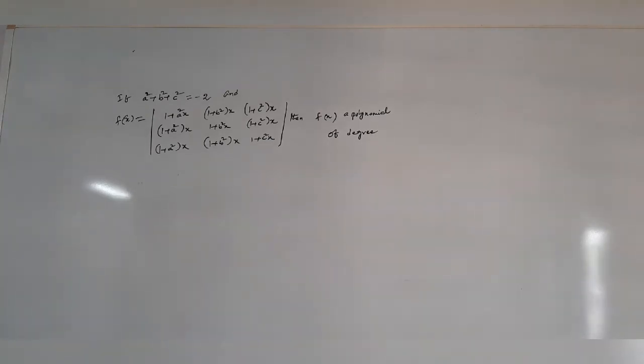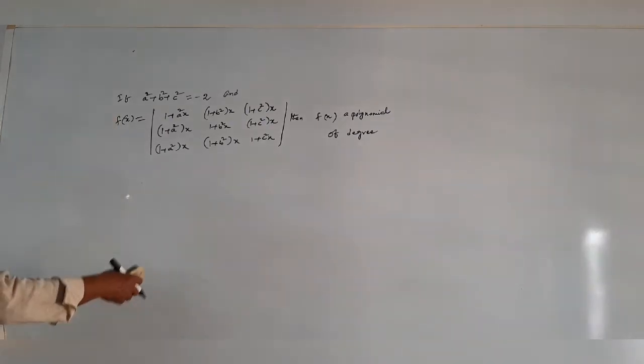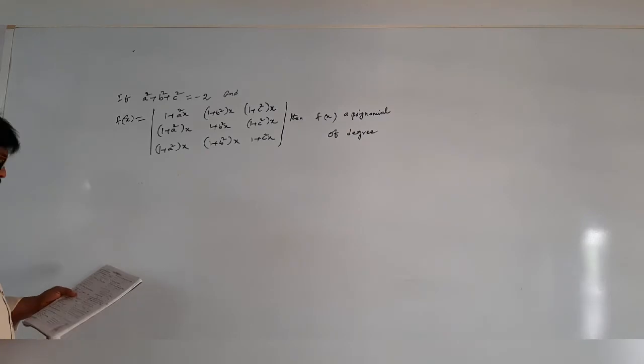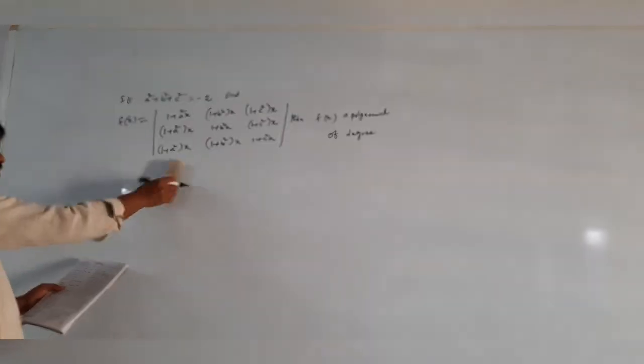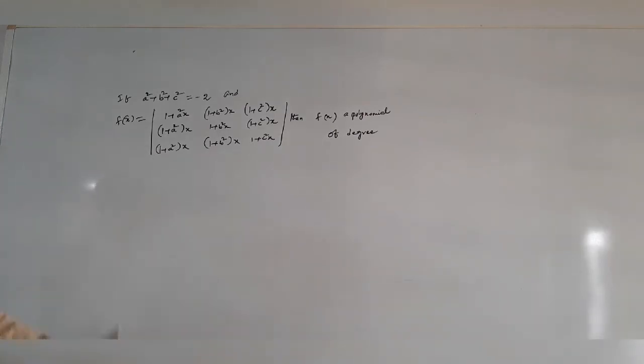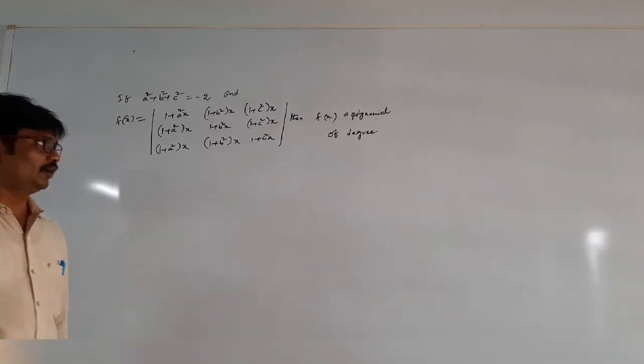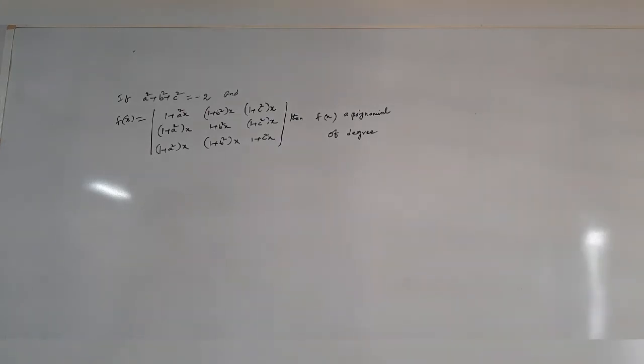If a² + b² + c² = −2 and f(x) is the determinant with rows: (1 + a²x, 1 + b²x, 1 + c²x), (1 + a²x, 1 + b²x, 1 + c²x), (1 + a²x, 1 + b²x, 1 + c²x) — then f(x) is a polynomial of degree what? So, students, a² + b² + c² is minus 2.